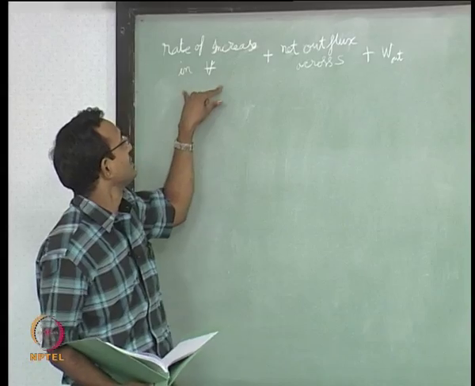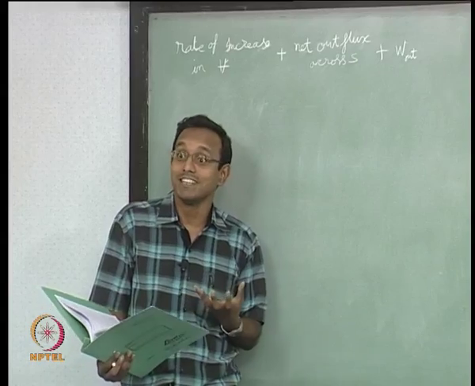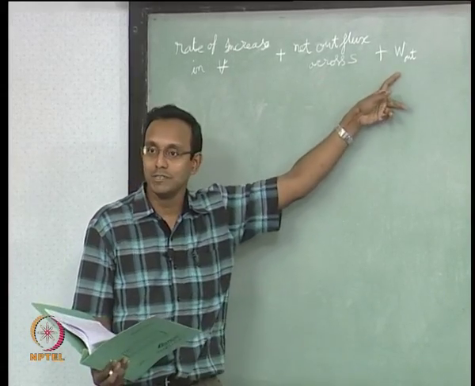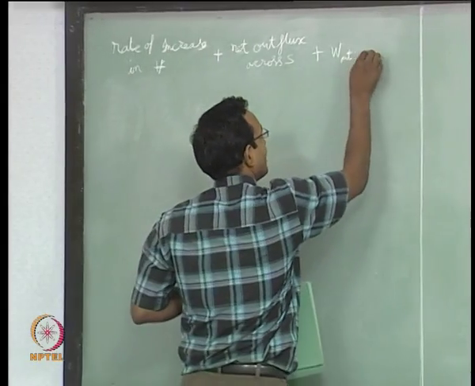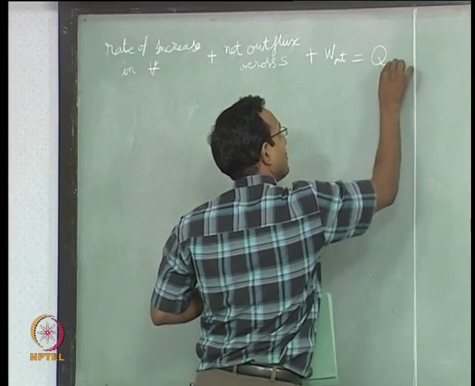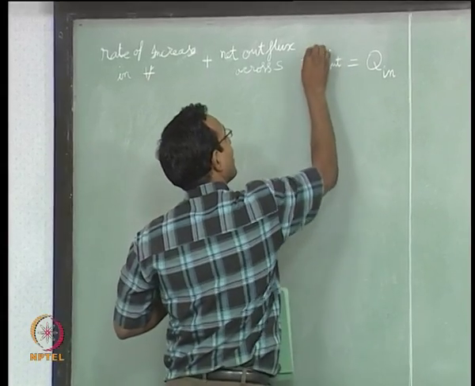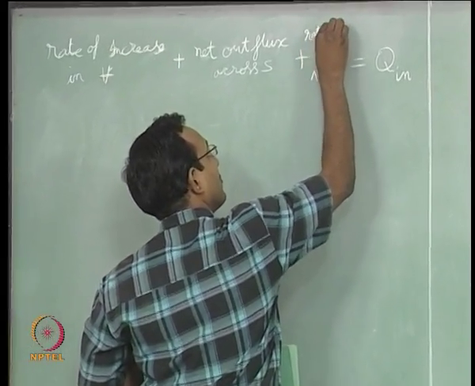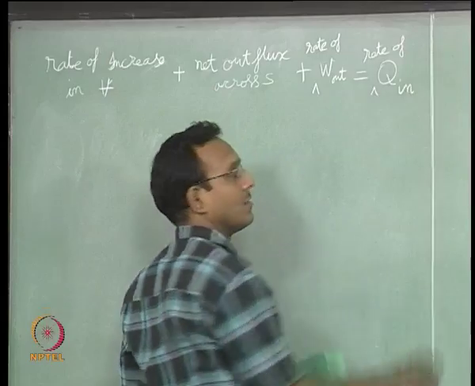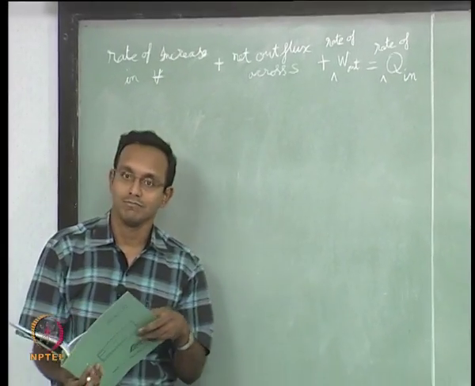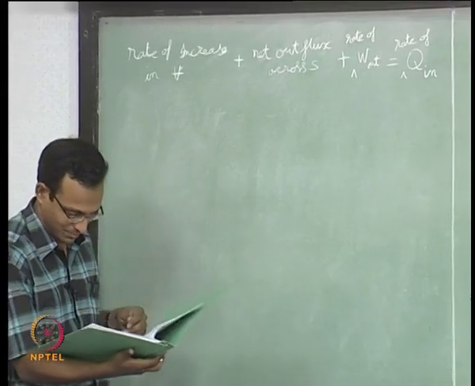All these are just the rate of increase of energy inside the volume, but what increased it? What increased the energy? That is your net influx. Actually it is not just Q in, and this is not just W out. Ideally, I would write the rate of, since we are thinking about time rate of change of quantities. In this case, it is the energy equation, so it is energy quantities.